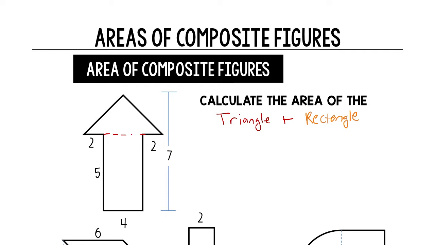So this triangle, let's first remember the equation for the area of a triangle is 1/2 the base times the height. So the base of this triangle is 2 plus 4, which is 6, plus 2, which is 8. So this base is 8.